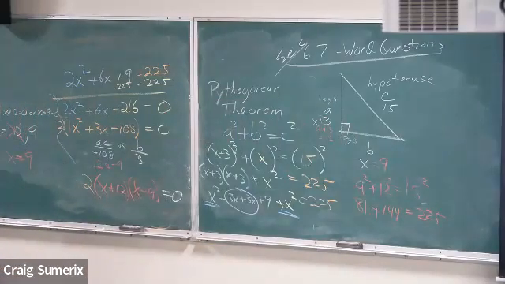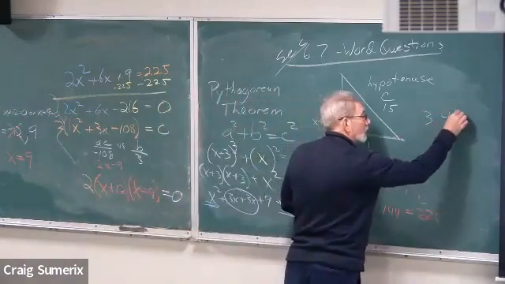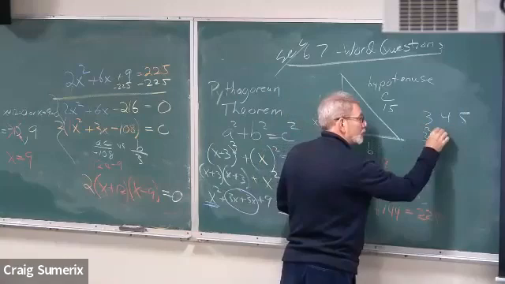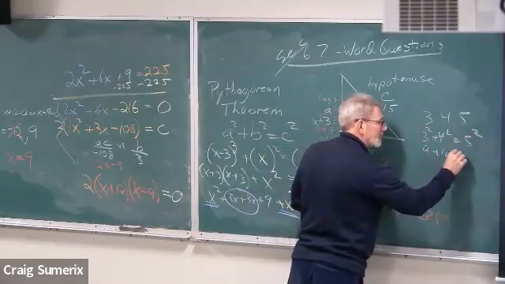This is, by the way, what we call a Pythagorean triple, or sometimes a perfect Pythagorean triple. There are certain numbers that when you put them in will come out really nice. 9, 12, 15 is one of them. Actually, it comes from 3, 4, 5. 3 squared plus 4 squared is 5 squared, 9 plus 16.